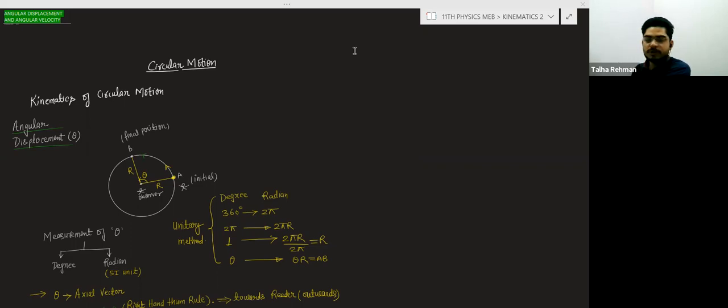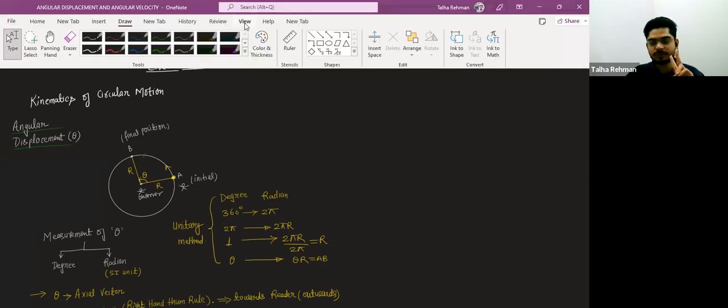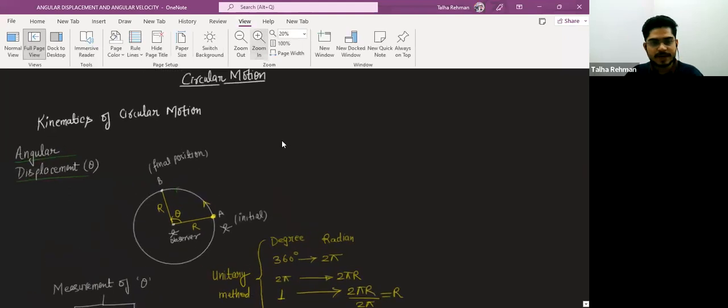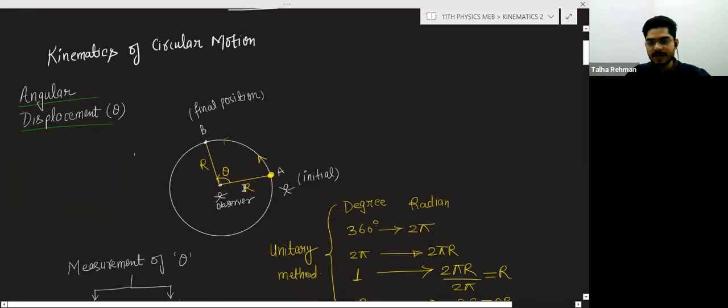So, in the last class, I discussed what angular displacement and angular velocity are. Angular displacement is basically the angle subtended. Say a person A is moving in a circular path and you are observing the motion from here.